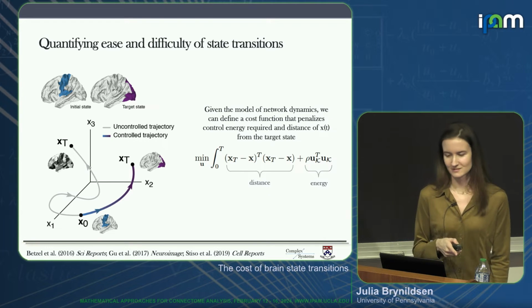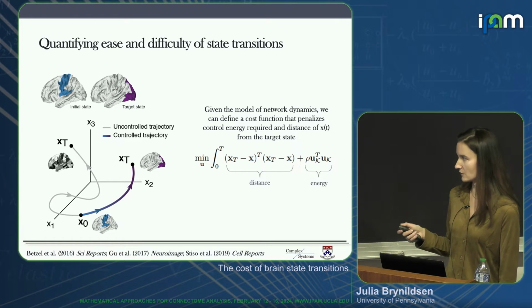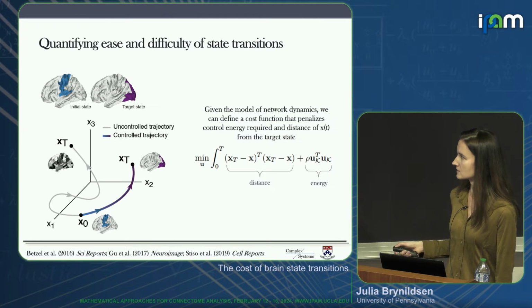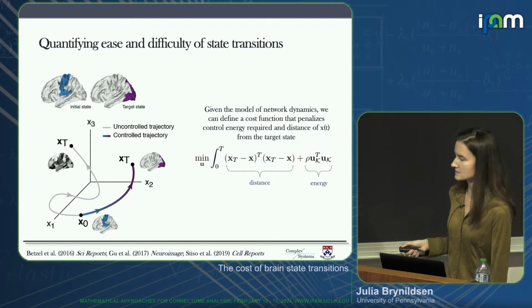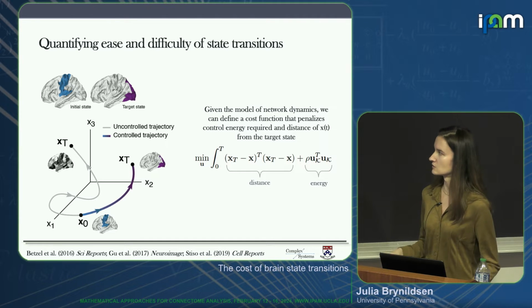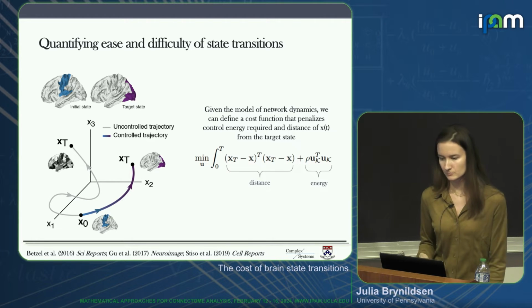Okay, hopefully this will get at your question. So in our network control model, we can define a cost function that penalizes control energy and distance from the target state. And this intuitively makes sense, since the energy cost term constrains the range of time-dependent control energy, so the brain cannot use an infinite amount of energy to carry out a task or a function.